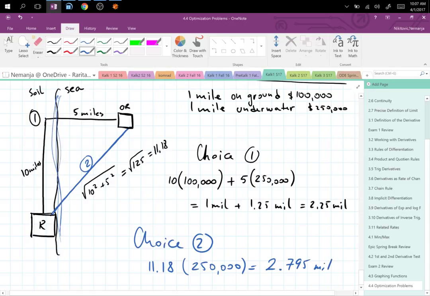So we see that the option to go on the black route is $500,000 cheaper, right? Now $500,000 is a considerable savings.